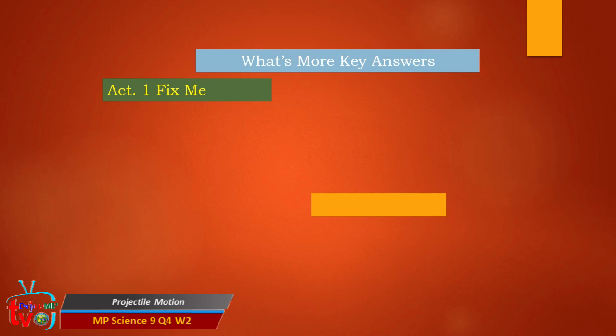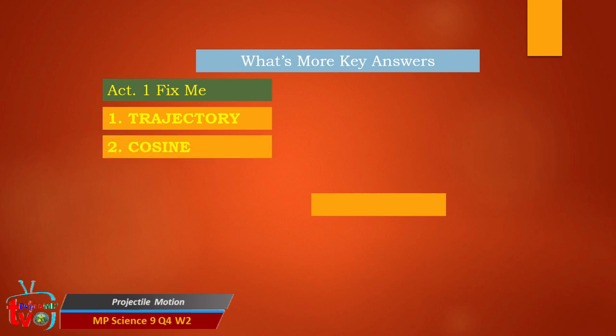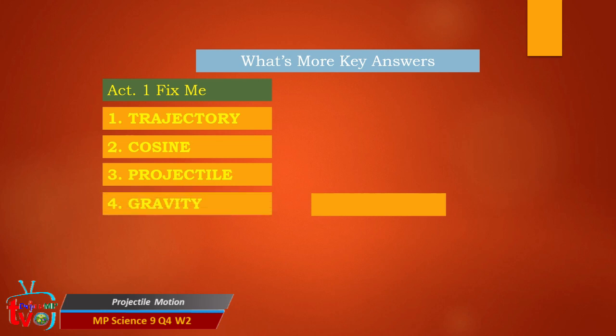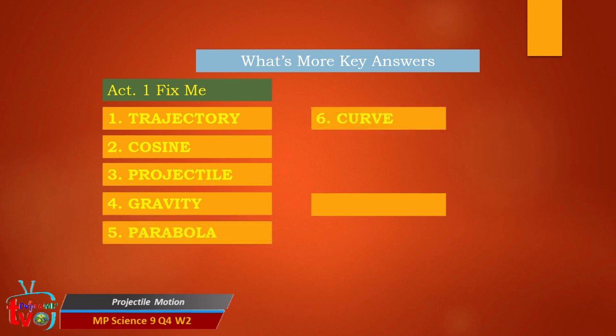Let us now try to find out how many correct words you were able to form in the first activity. Number 1, trajectory. Number 2, cosine. Number 3, projectile. Number 4, gravity. Number 5, parabola. Number 6, curve.